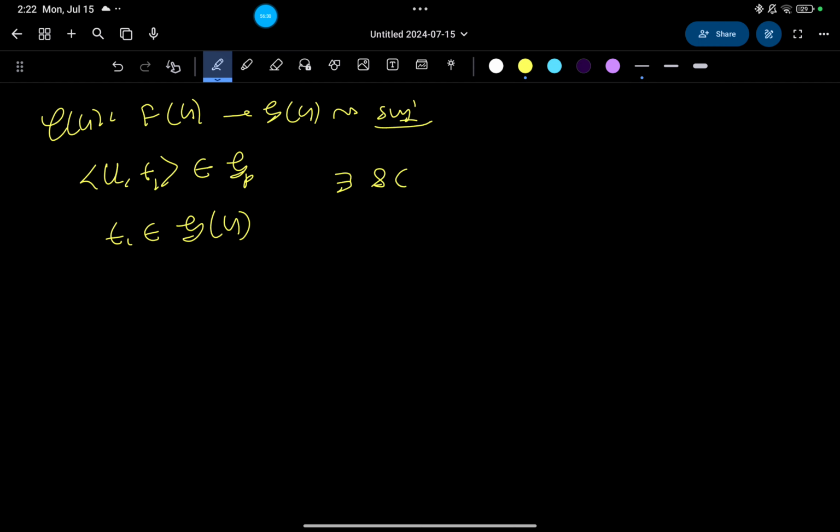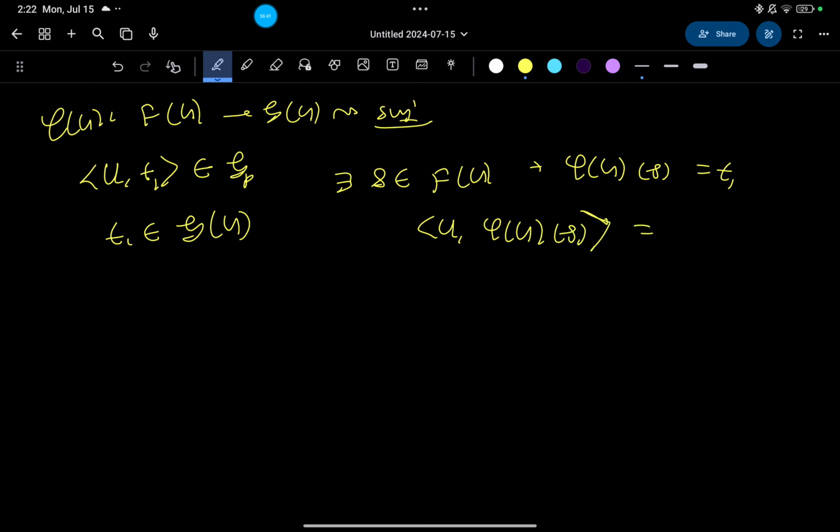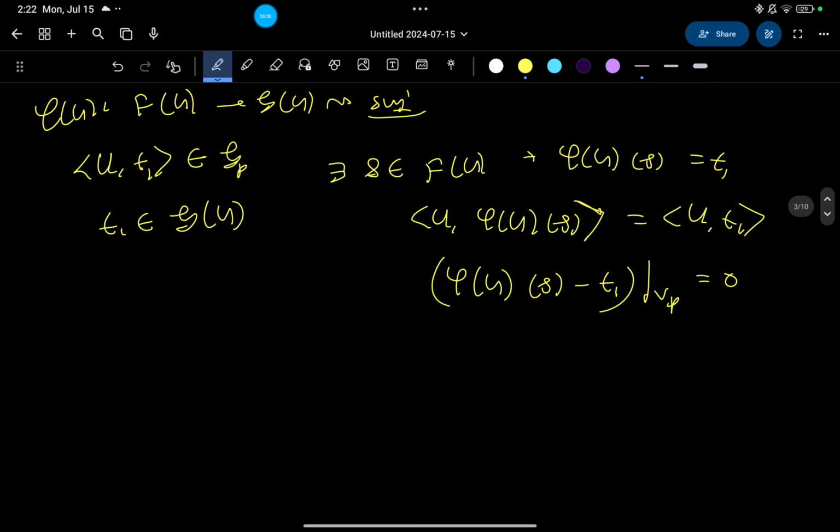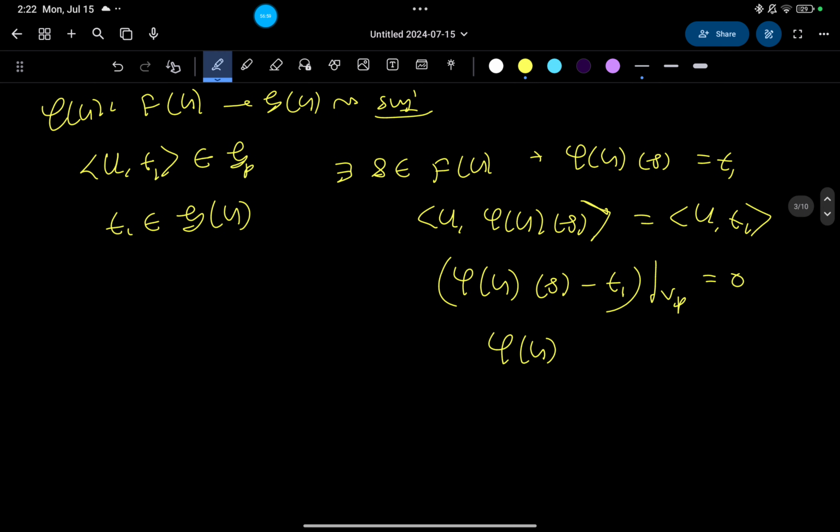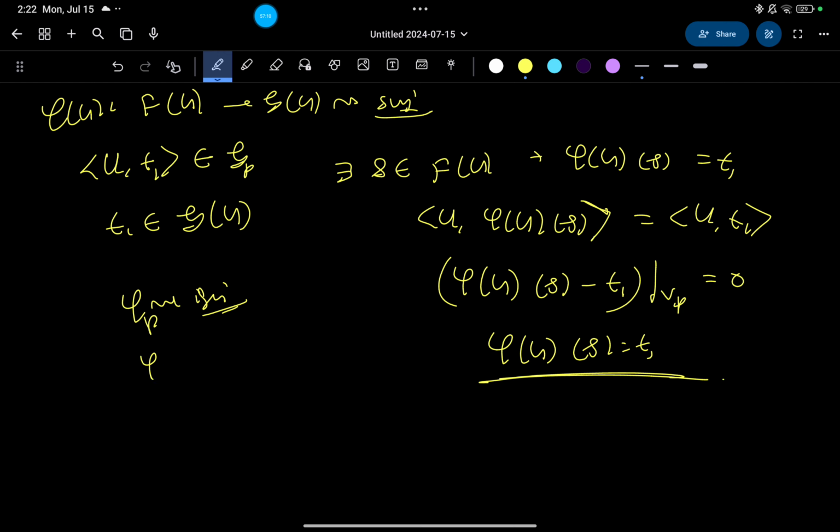Now I can say that there exists small s belonging to f of u such that phi u of s is nothing but t1. Then I can write (u, phi u of s) is nothing but (u, t1). Then for every small p, I can restrict at a suitable neighborhood and then cover the entire u. Then I can get that phi u of s is itself t1. That means phi p is surjective. Phi surjective means phi surjective.